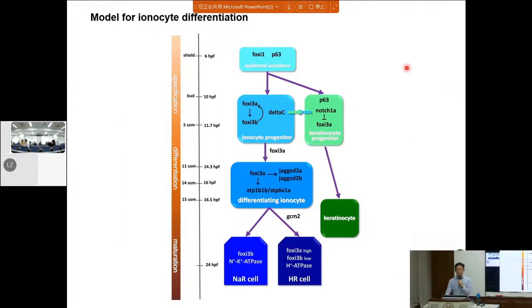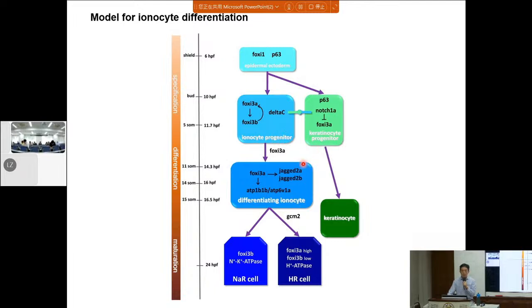Finally, we want to ask if oxytocin regulates the ionocyte differentiation. We checked the differentiation of the ionocyte. We found that they come from the epithelial stem cell. Then this cell becomes an ionocyte progenitor.